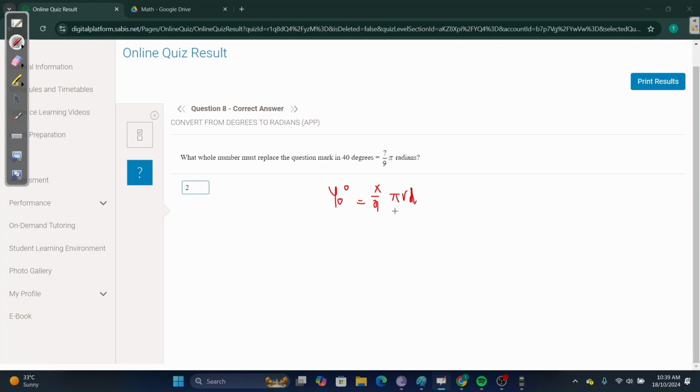Okay, so what you're gonna want to do here is multiply it by the conversion factor. So you know that 1 degree is pi over 180 radians.